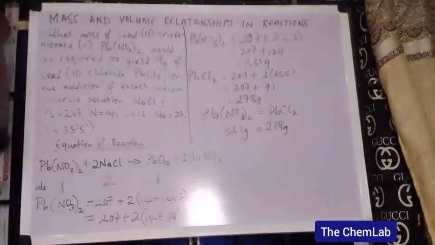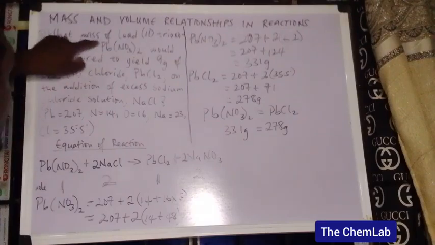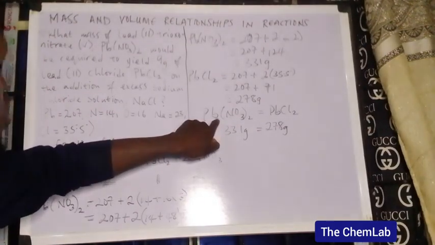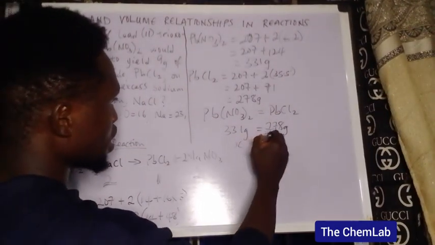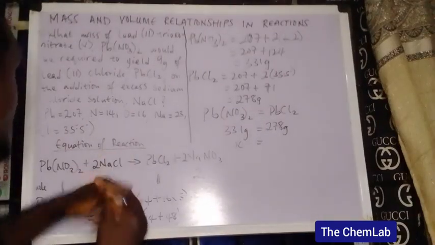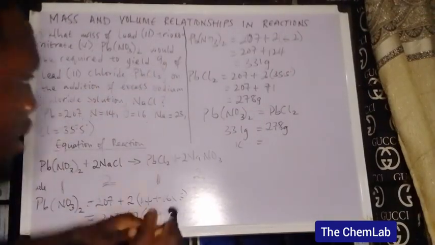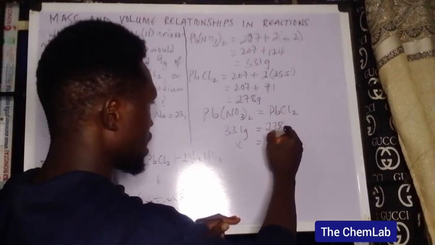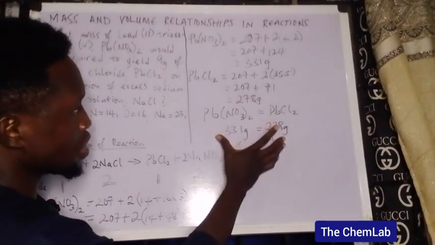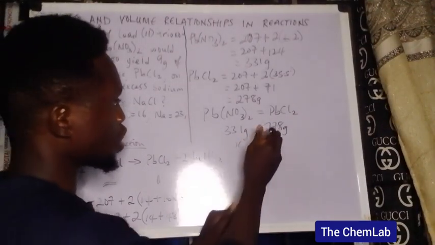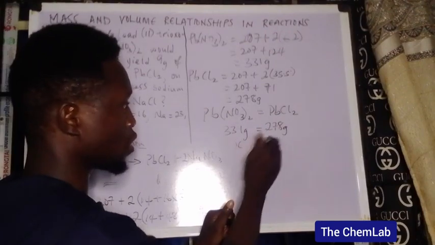Now, that's the molar mass. Remember, they're asking us for the reacting mass of lead nitrate, this one. We don't know the reacting mass, so let's say it's X, equal to the reacting mass of PbCl2, which is 9 gram. Now, from here, what we do next is cross multiplication, because we are looking for X.